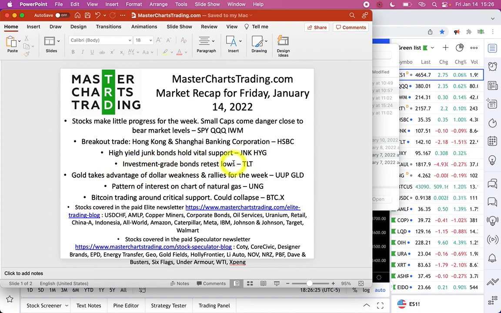Investment-grade corporates are not really holding, and they're collapsing to new lows. Gold is taking advantage of a weaker dollar and has rallied for the week. And natural gas, as always, has volatility, so not for the faint of heart, but if you like to trade natural gas, we'll look over it. And Bitcoin has broken critical support and could collapse.